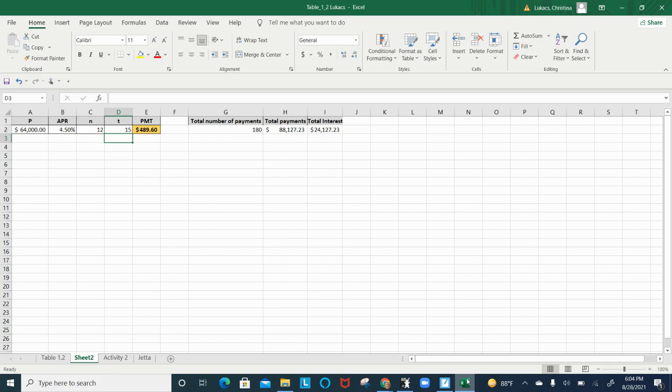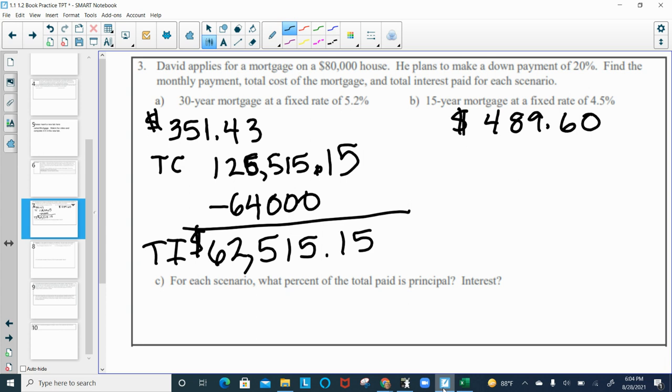But let's just investigate. This is really interesting to me. Look at what's happening to his total payments. Remember the other number, 126,000? Well, look at this now. It's 88,000. So his payments are actually smaller.